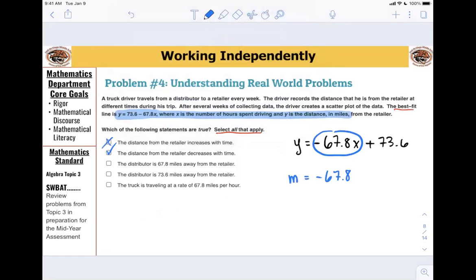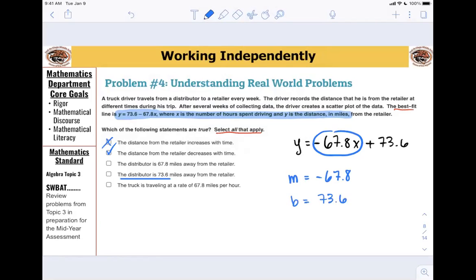What else do I know? Box 4. So box 4 is the distributor is 73.6 miles away. Good. The 73.6 is my y-intercept, and 73.6 represents the distance in miles.